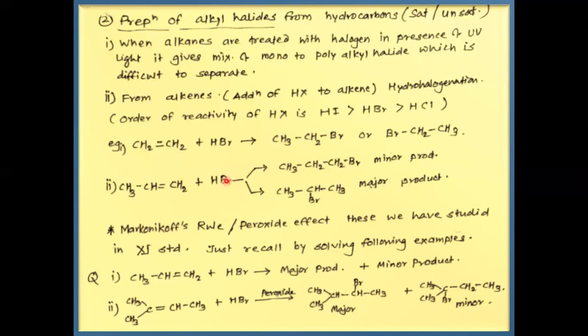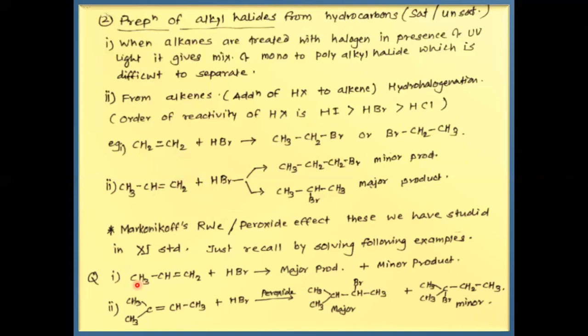According to the peroxide effect, or anti-Markovnikov rule, also called the Kharash effect, bromine will go to this carbon and hydrogen will go to this carbon. The double bond changes to single bond. So if peroxide is taken, this will be the major product and this will be the minor product.